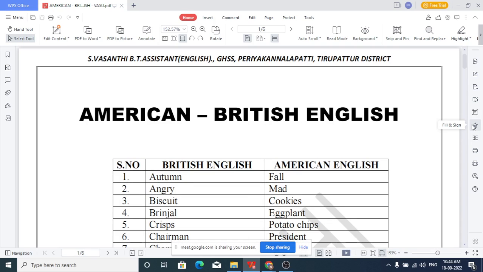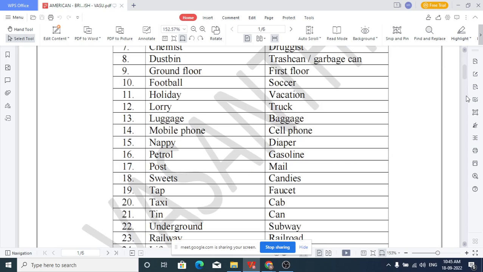Yes, sir. Autumn, fall, angry, mad, biscuit, cookies, brinjal, eggplant, crisps, potato chips, chairman, president, chemist, druggist, dustbin, trash can or garbage can, ground floor, first floor, football, soccer, holiday, vacation, lorry, truck, luggage, baggage, mobile phone, cell phone, nappy, diaper.